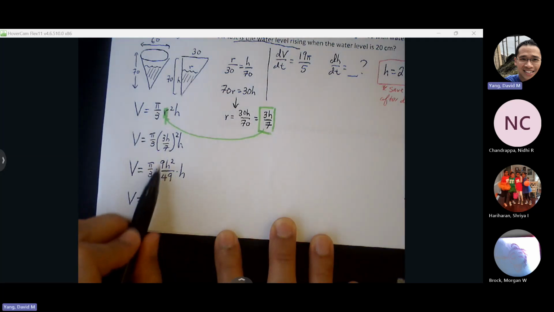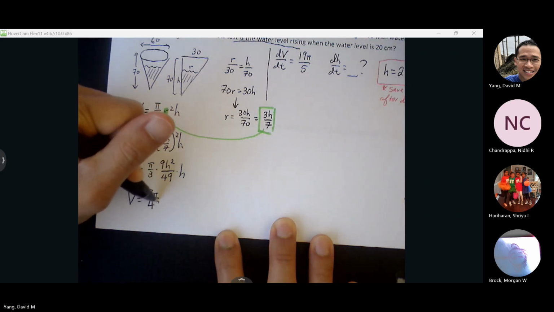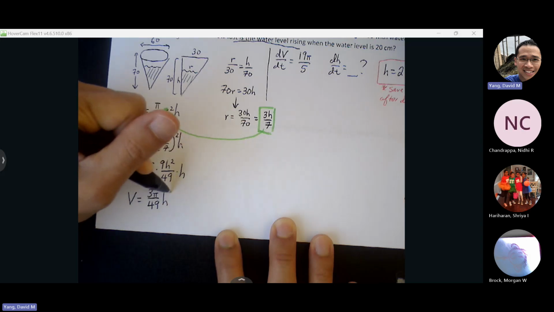I'm merging all the coefficients together. I see an opportunity to reduce, so 9 and 3 becomes 3. And then the h's come together, so h cubed.